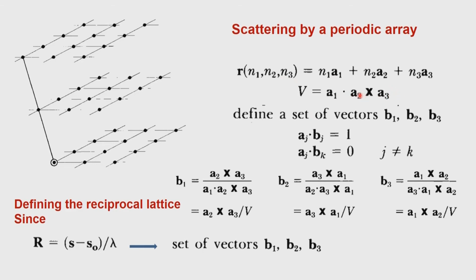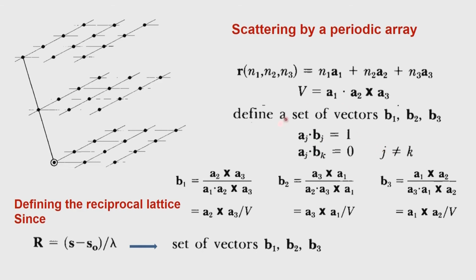At this stage, we now define a set of vectors b1, b2, b3 with very special properties. The properties are that if we take aj and take the dot product with bj, that is equal to 1, and aj dot bk equals 0 whenever j is not equal to k.